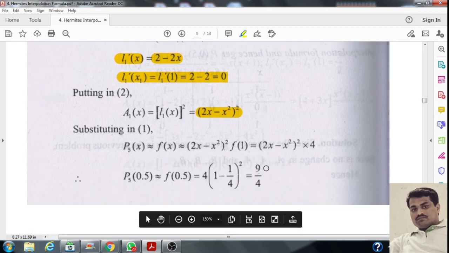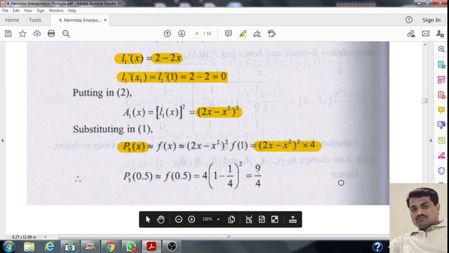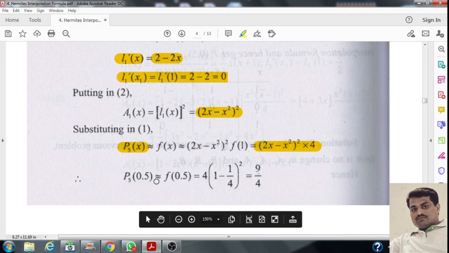Then putting the value of a1x in the above polynomial, we get p5 of x is equal to 2x minus x square bracket square into 4, and this is the required interpolating polynomial for the given data. Also, to find out p5 of 0.5, putting x equal to 0.5 we get f of 0.5 is equal to 9 divided by 4, and this is the required solution.